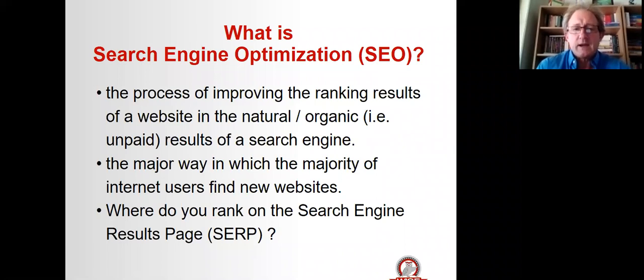So let me go back and explain a little bit about this natural, organic, or unpaid result versus a paid result. When you go to Google, there'll be a little square, and then it might say sponsored ad or an ad. Those are ads that people have paid for. When you scroll down and you just see the name of the websites, that's what is called natural or organic results.